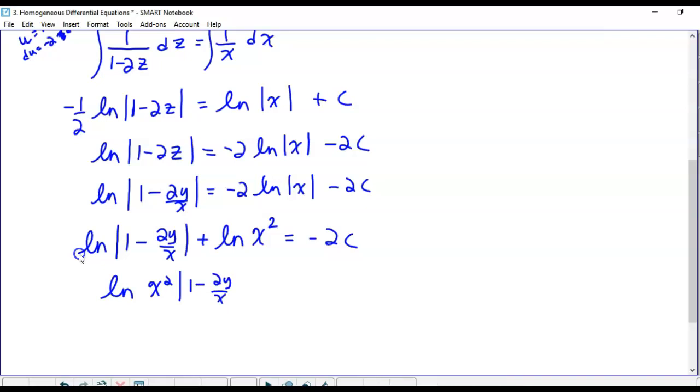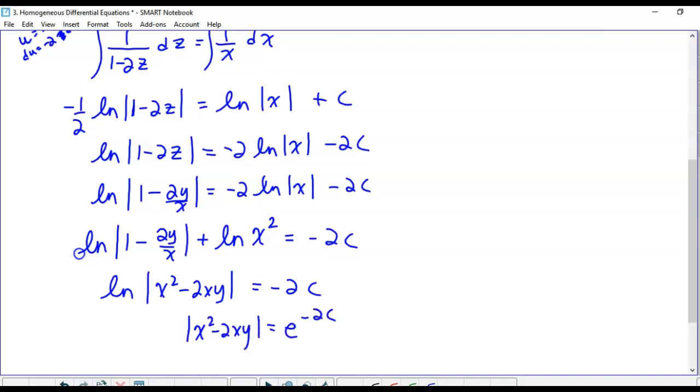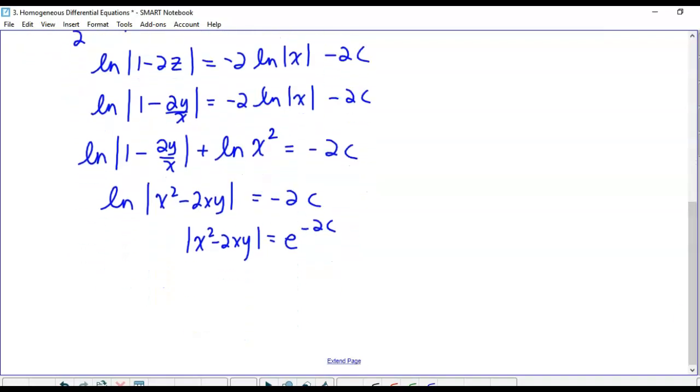So actually I'm going to multiply that in. That's going to be x squared minus 2xy. So the absolute value of x squared minus 2xy equals e to the negative 2c. And then that means that x squared minus 2xy equals plus or minus e to the negative 2c.